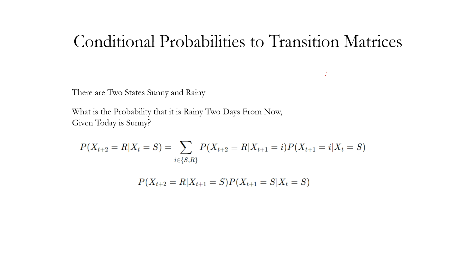We've got X(t+2) is equal to rainy, given that X(t+1) is equal to sunny, times the probability of X(t+1) equals sunny, given Xt is equal to sunny, plus the other possibility, X(t+2) is equal to rainy, given X(t+1) is equal to rainy, times the probability of X(t+1) is equal to rainy, given that it's sunny, okay?